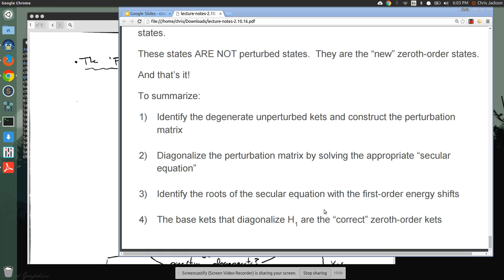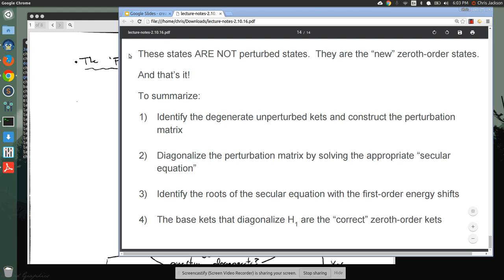And the base kets that do diagonalize the perturbation matrix are now what we call the correct zeroth order kets, right? They're the linear combinations of the original zeroth order kets. Okay, so that's where we left off.